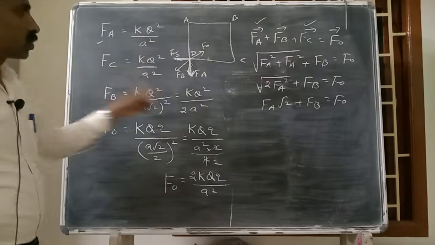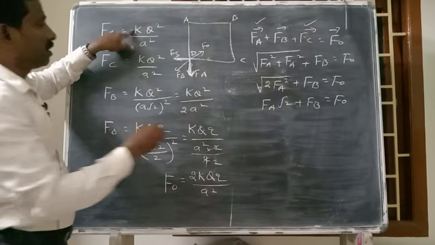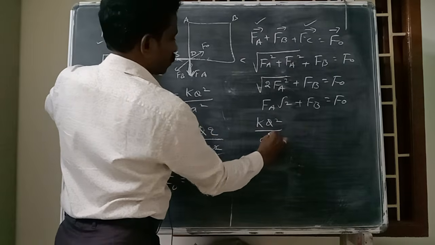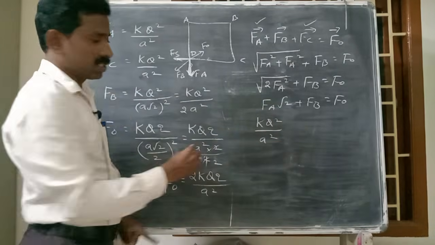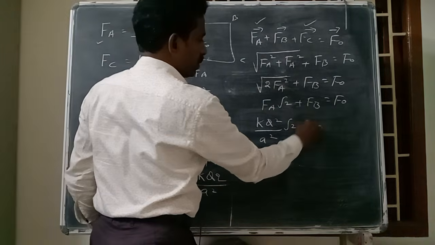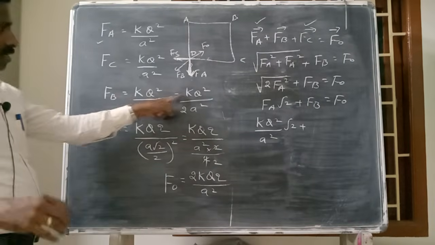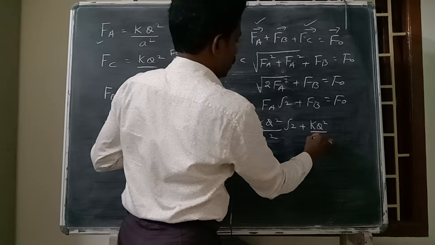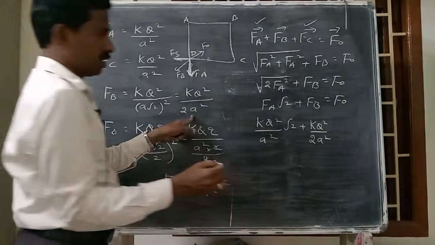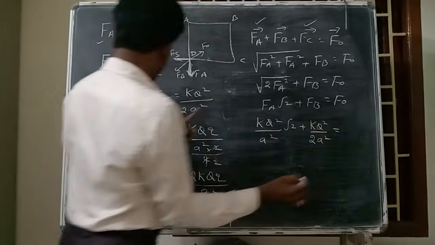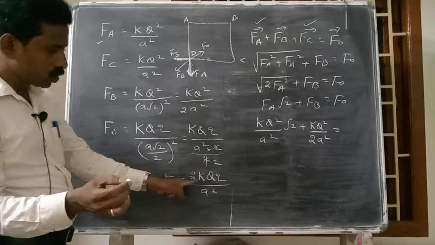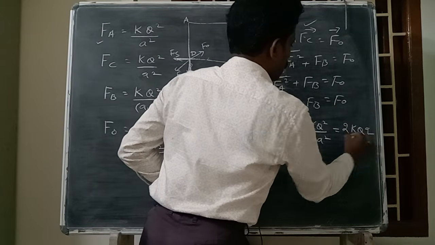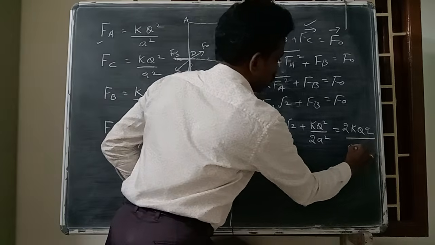Now substitute the values. F_A value is k into Q squared by a squared, and the root 2 is there, plus what is the value of F_B? kQ squared by 2a squared, equal to F_O value 2k capital Q into small q by a squared.